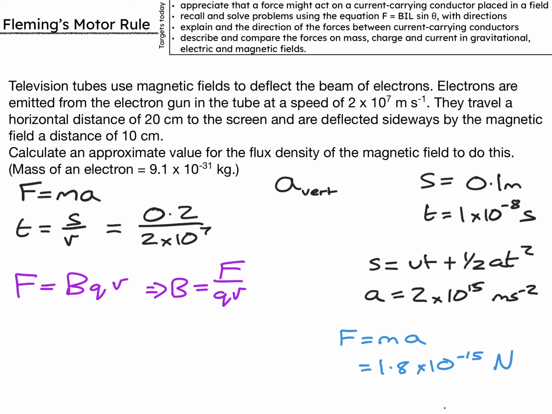We have F equals 1.8 times 10 to the minus 15 newtons. Q equals minus 1.6 times 10 to the minus 19 coulombs, as it's an electron. And V equals 2 times 10 to the 7 meters per second. We were given that, giving us, in the end, B equals 0.56 millitesla.